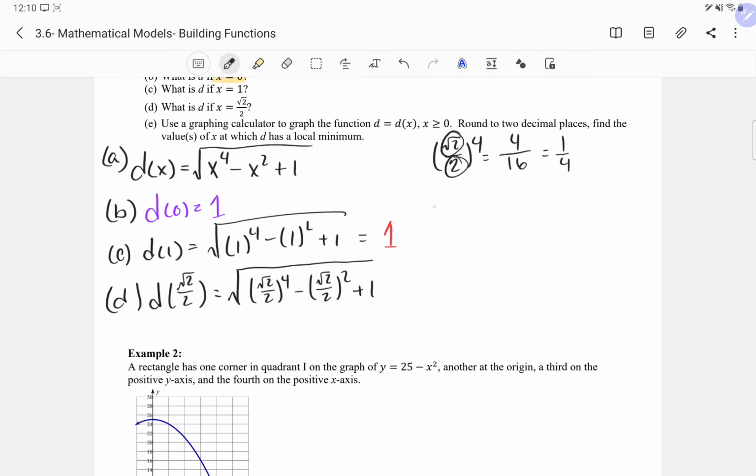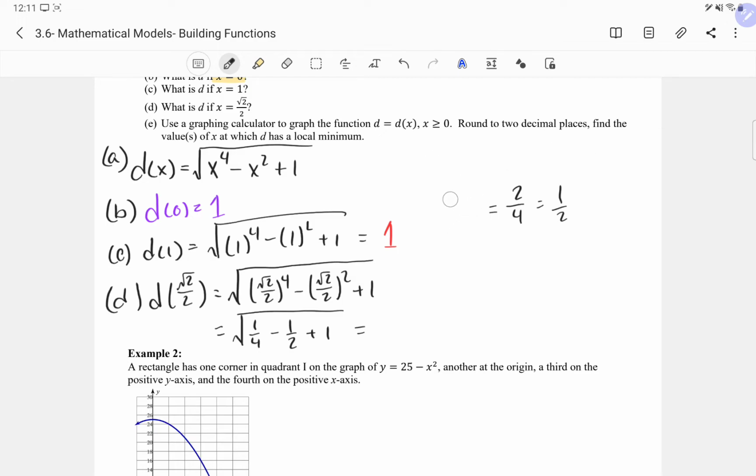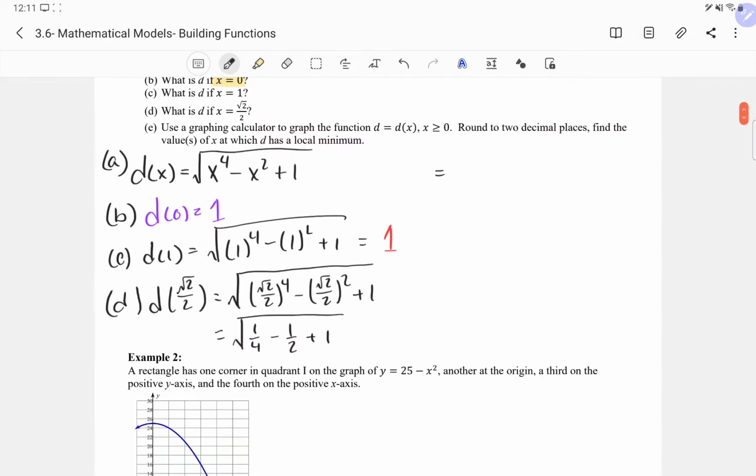Then we're going to look at the square root of 2 over 2 squared. That would give us 2 over 4, so that would be 1/2. And then we have plus 1. Let's go ahead and replace these. We've got the square root of 1/4 minus 1/2 plus 1. 1/4 minus 1/2 would be negative 1/4, so the square root of negative 1/4 plus 1.